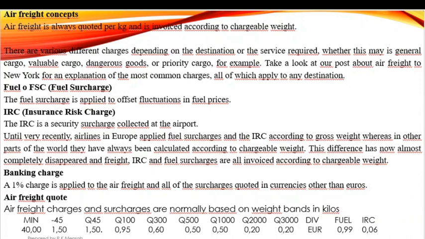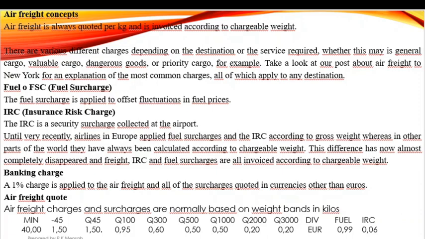Then from 100 up to where? 1,299. It will be 0.95. This is the concept that we have as the base rate. So when we do the calculation, like what we had, 65 kilos, right?